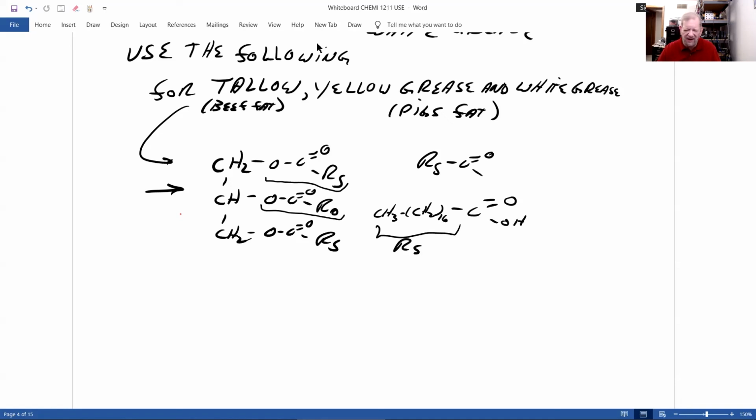That is what I mean by R sub S, R sub O, and this is easier. Remember, organic chemists are lazy. Why are we lazy? This is a 7.